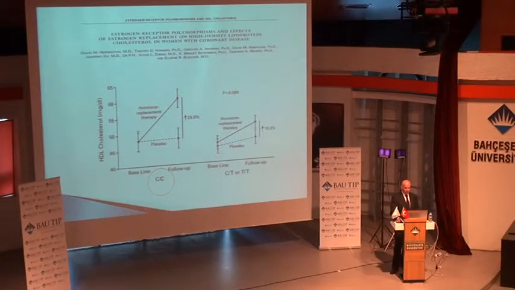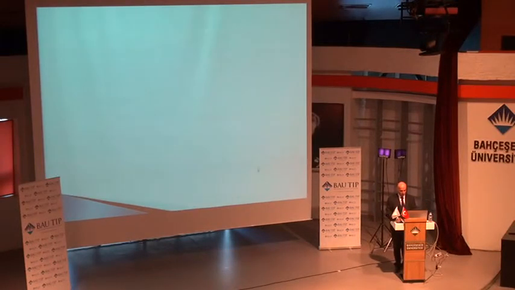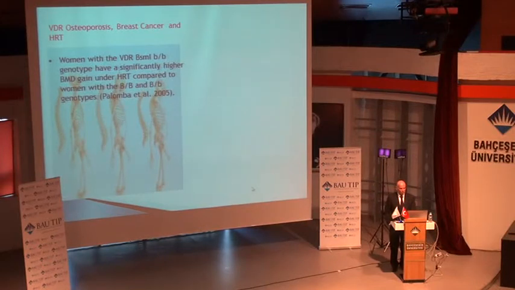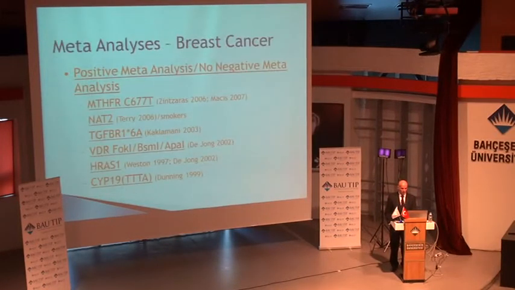The CC genotype of the estrogen receptor alpha makes hormone replacement increase the HDL very much. The other genotype doesn't do it as much as this CC genotype does. Yes, she has a higher, significantly higher risk for osteoporosis.